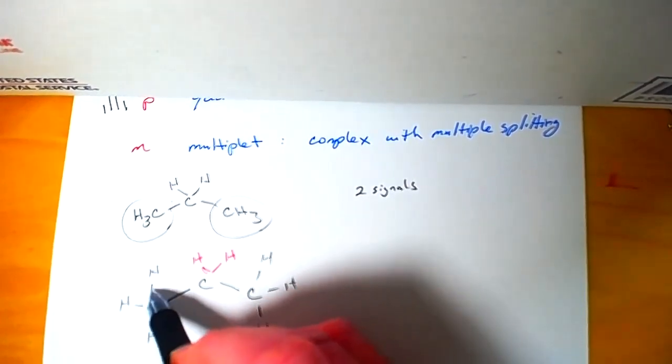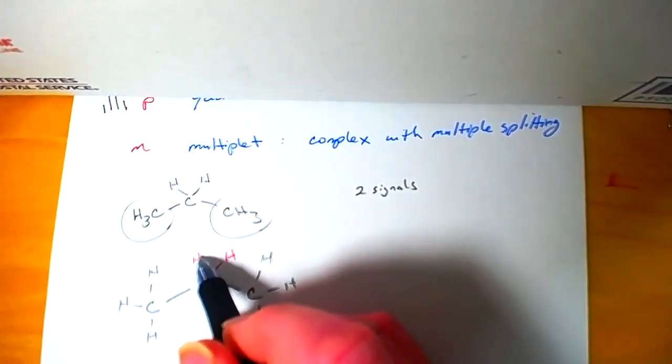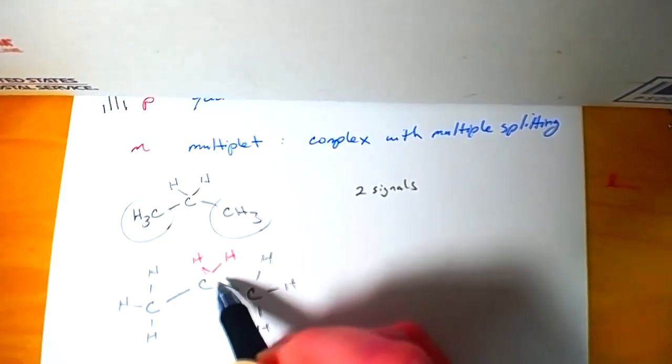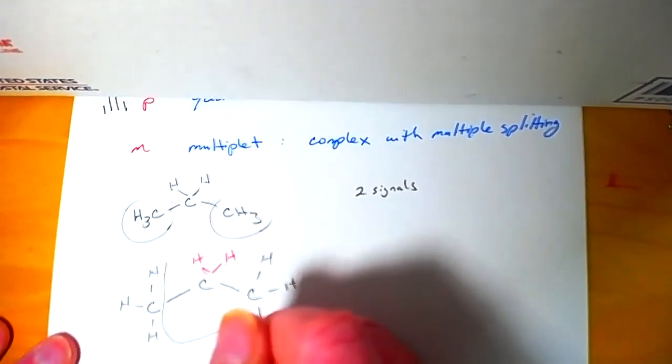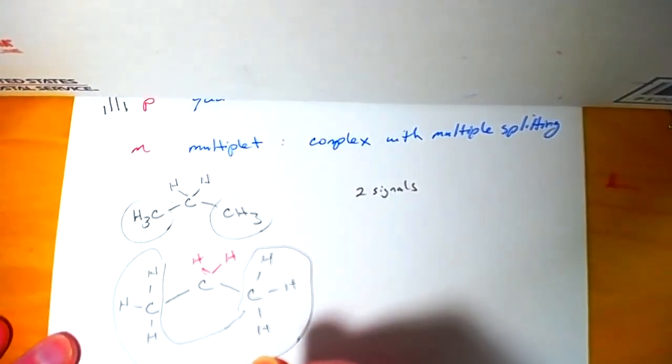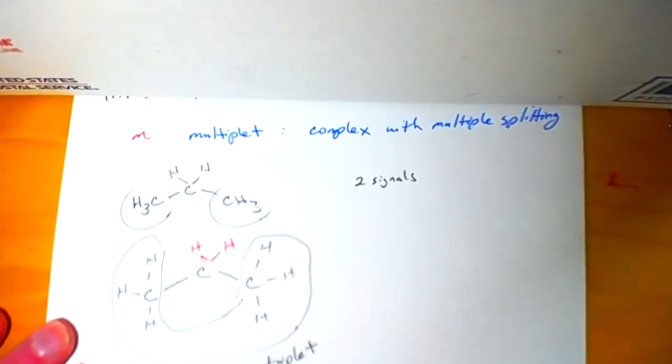These hydrogens are 1, 2, 3 of them. And it's the same thing over here for this set too. They are 1, 2, 3 bond lengths away from this hydrogen and 1, 2, 3 bond lengths away from this hydrogen. So all of these hydrogens right here in this signal will show up as a triplet in the NMR.